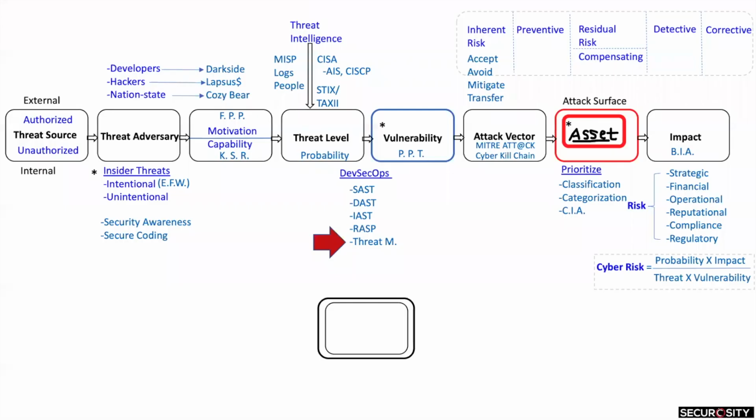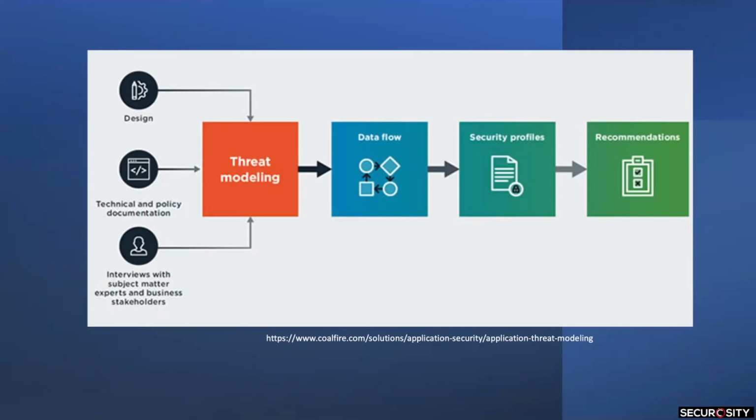Next, threat modeling is the process of visualizing and identifying vulnerabilities in software from the design phase through the software development lifecycle. It requires building flow diagrams with trust boundaries between assets, threats, and controls, plotting security gaps, and mapping them back to risks and capabilities.